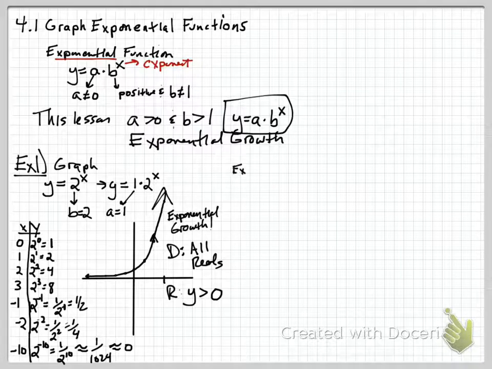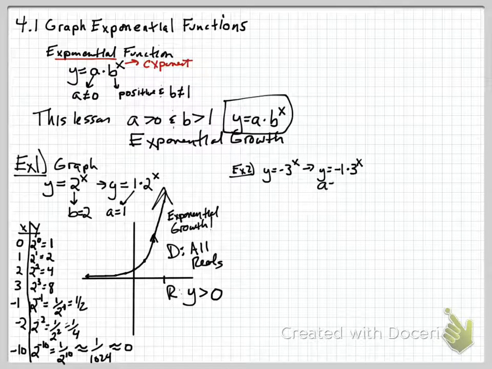Let's call this example 2. I'm going to graph y equals negative 3 to the power of x. Well, here I can rewrite this if I wanted as y equals negative 1 times a positive 3 to the x power. So my a value is negative 1 and my b value is 3.